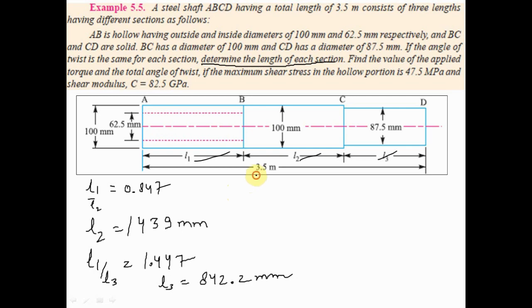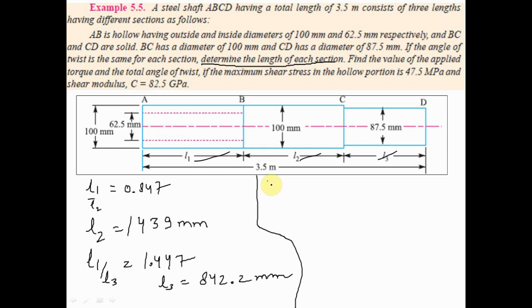So I am writing this side. Now we have to calculate the value of the applied torque. It means we have to calculate torque if the maximum shear stress in the hollow portion is this much. Since they have given the shear stress value in the hollow portion, that is in section AB, we have to find the torque considering the hollow formula.